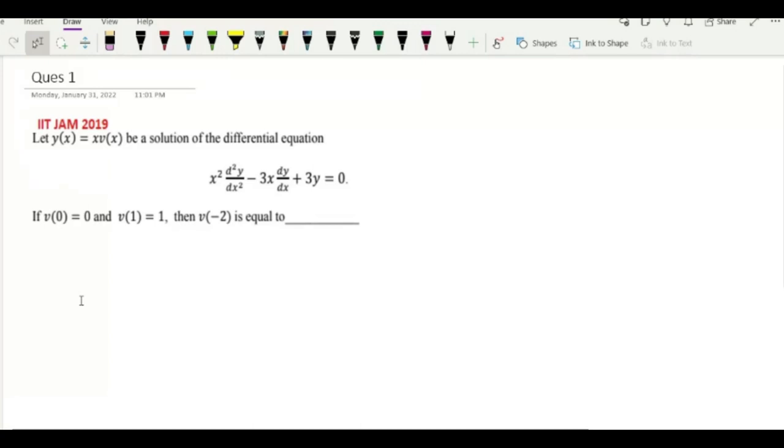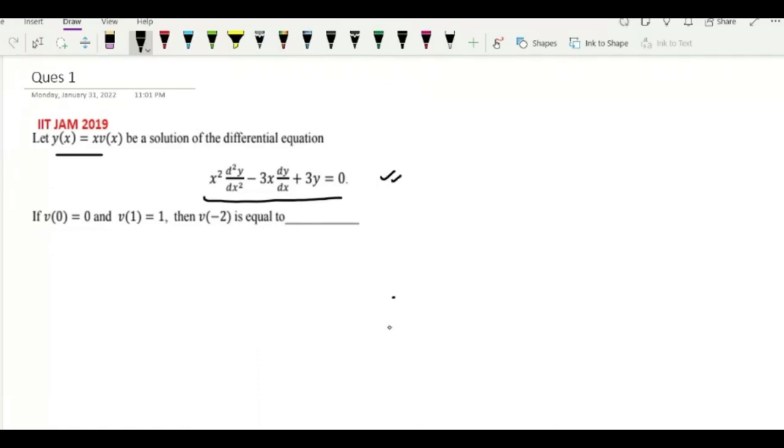So our first question is from IIT JAM 2019. Here we have: let y(x) equal x into v(x) be the solution of this differential equation. If v(0) is equal to 0 and v(1) is equal to 1, then v(-2) is equal to what?